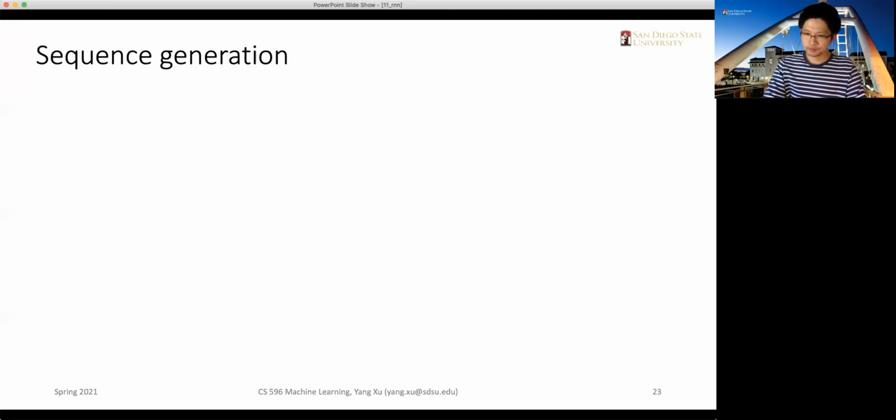So a recurrent neural network is, I would say, not easy to optimize because of the difficulty in making everything parallel.